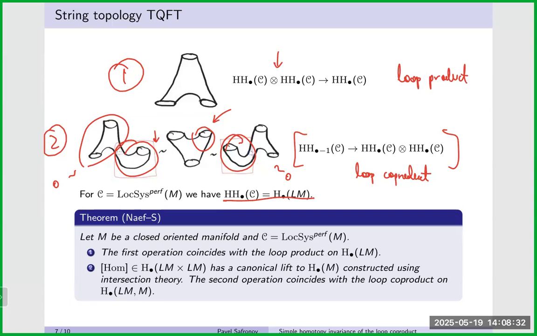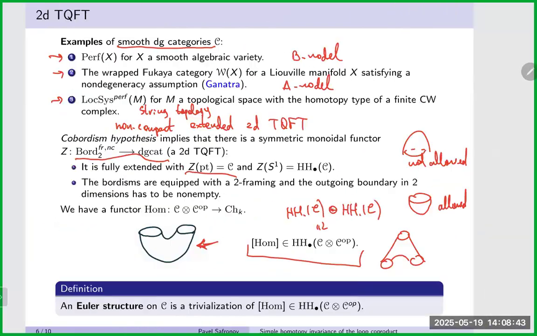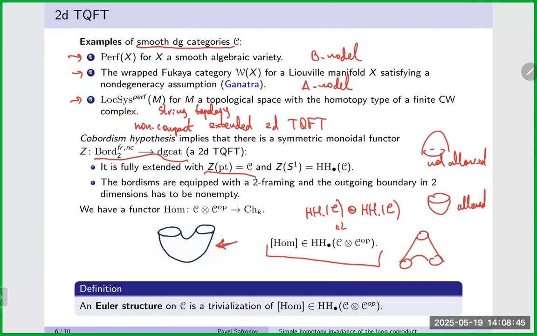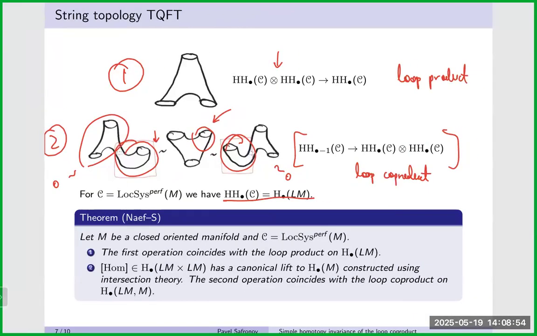And for the relative part, so this home class, how is that used? So the home class is the value of the elbow. Oh, okay. And the Euler structure is what trivializes this class, or it's like by definition the trivialization of this class, the elbow. Okay, thank you.